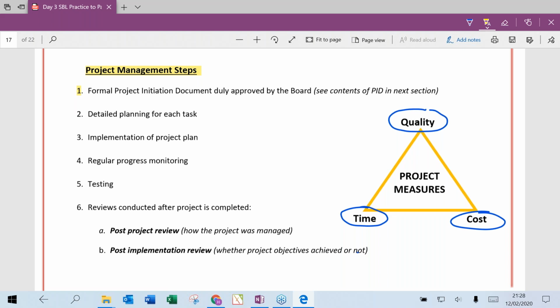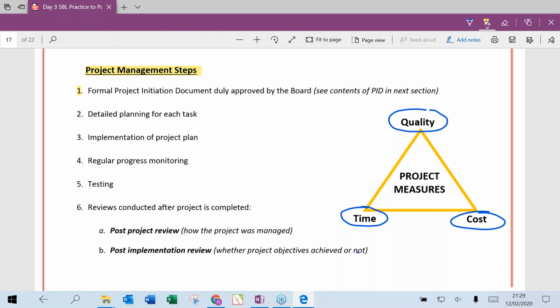But the more critical review is the second one, post-implementation review. In this, we see whether the project objectives have been achieved or not. I repeat, in a post-implementation review, we see whether the project objectives have been achieved or not.